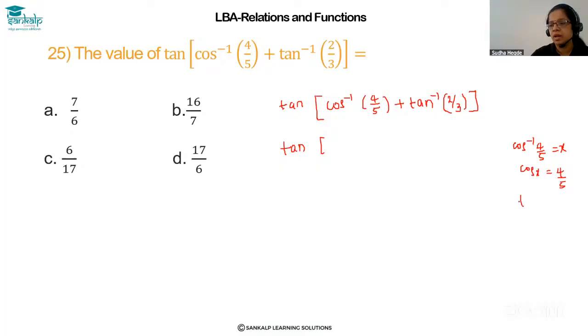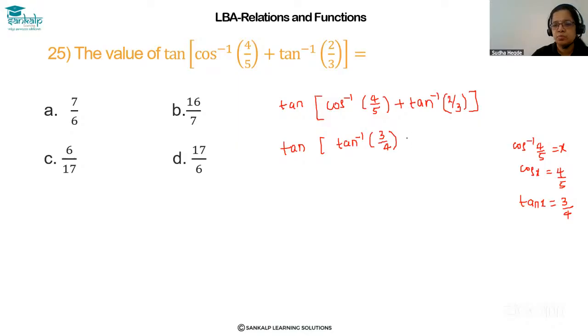Therefore, tan x is equal to opposite by adjacent. So 3 by 4. So cos inverse 4 by 5 is same as tan inverse 3 by 4. So therefore I am replacing it as tan inverse 3 by 4.